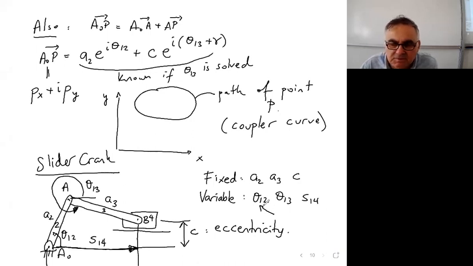And usually theta 1, 2 is the input. Actually, S14 might be the input as well in some cases. It is possible. And we might want to find S14, theta 1, 3, and theta 1, 2. In any case, we want to write the loop equations here.